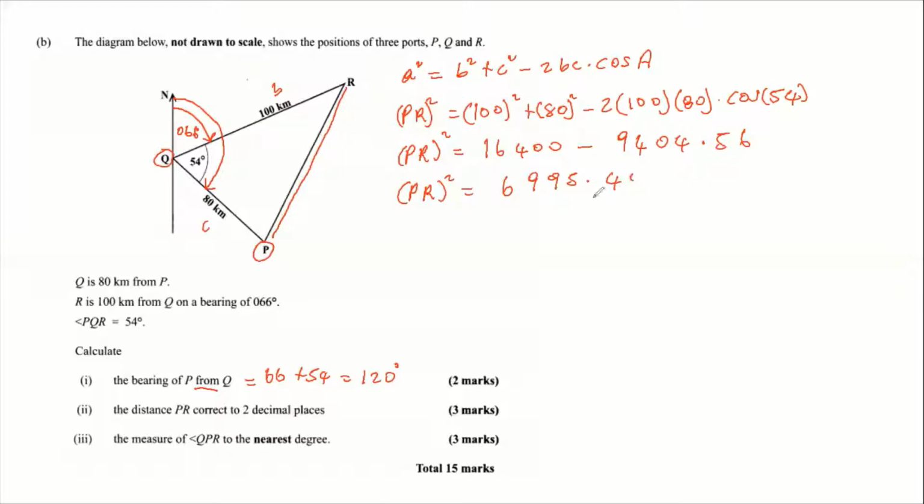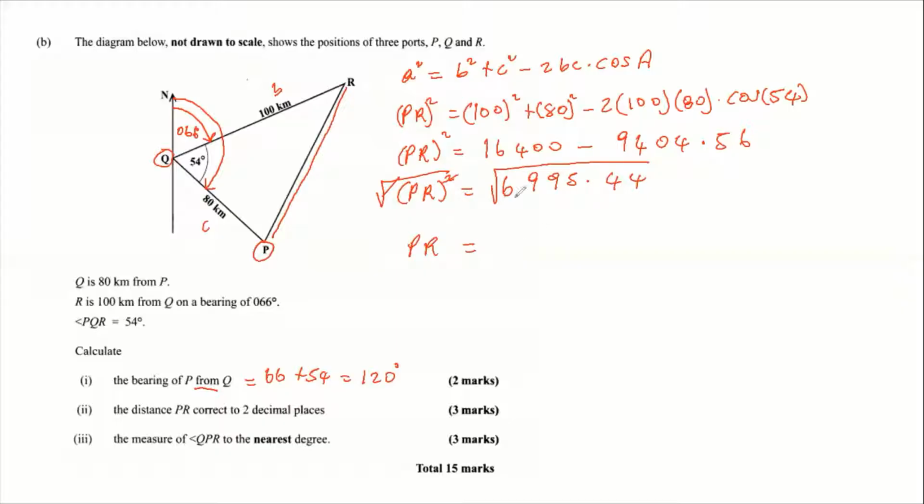And that's going to leave us back with 6,995.44. And from here, we are not interested in PR squared, we are interested in PR. So we need to take the square root of both sides. So the square root will cancel out the square, so that leaves us back with PR, which is what we want to find.